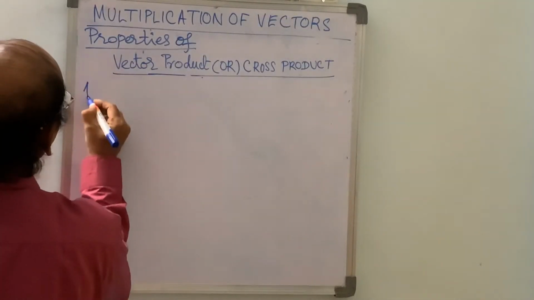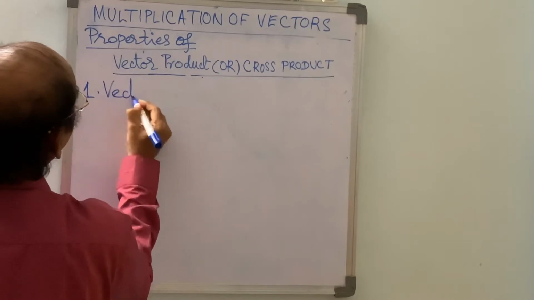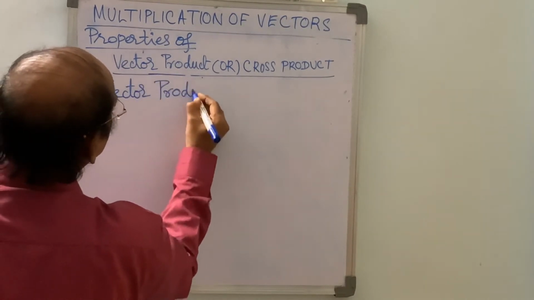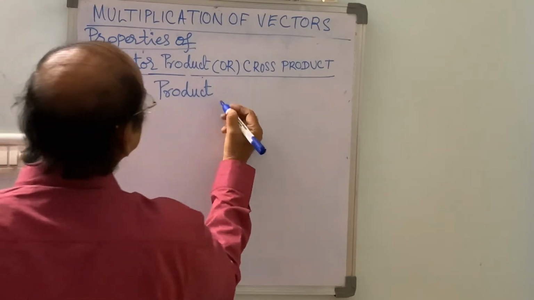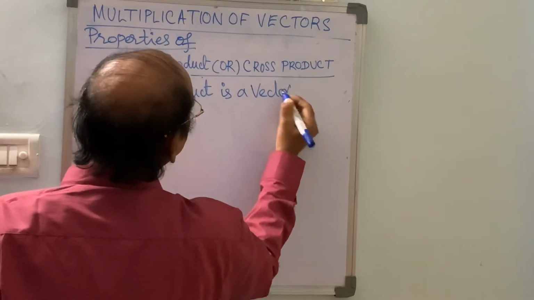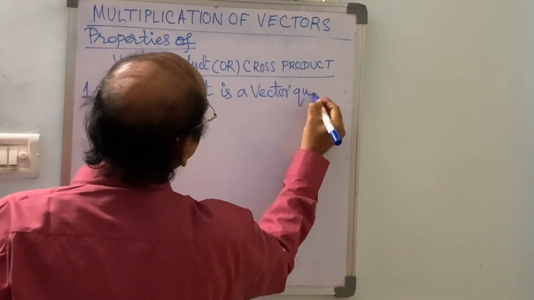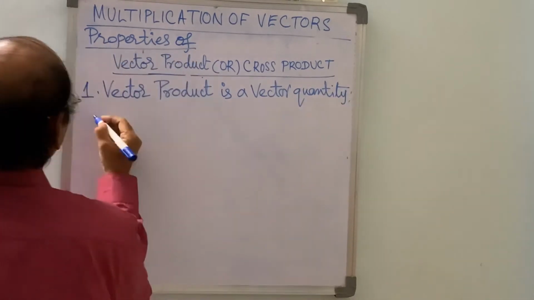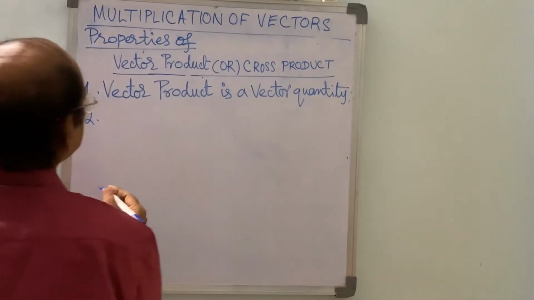First one, vector product is a vector quantity, or vector. It has both magnitude and direction.